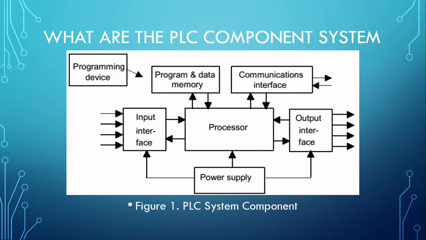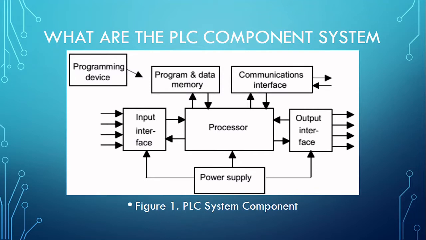The processor is the CPU of the PLC. What the processor does is interpret the signals from the input devices and carry out control actions according to the program or the instructions stored in the memory, and communicate these decisions in action signals to the output device.